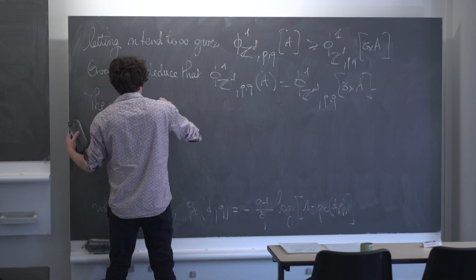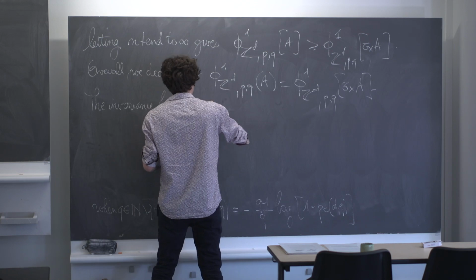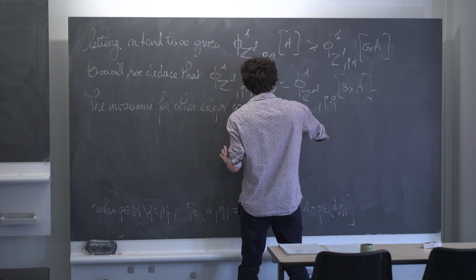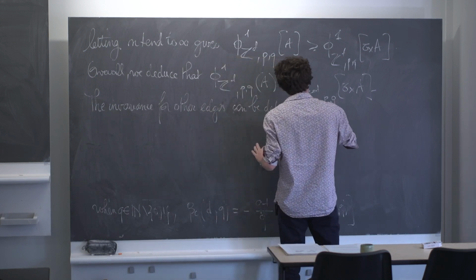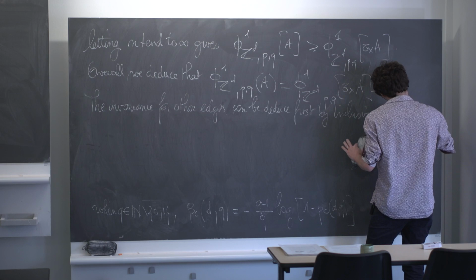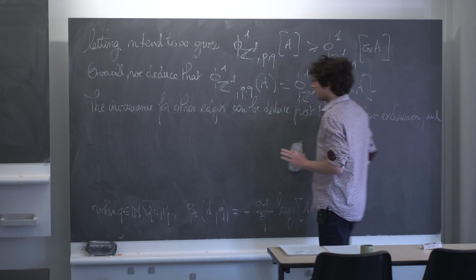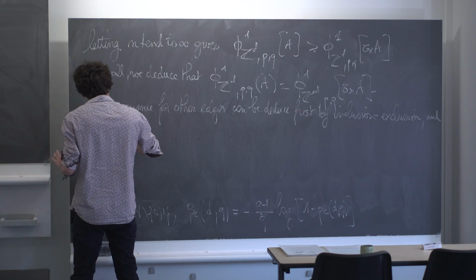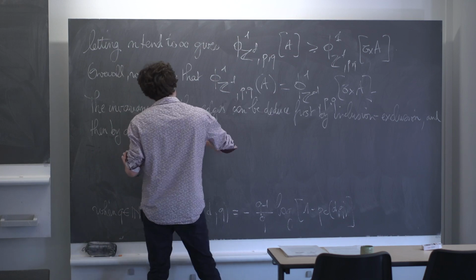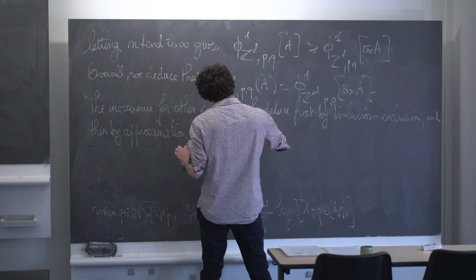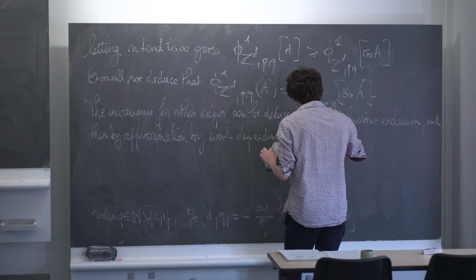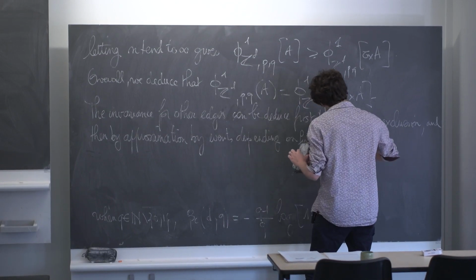So the invariance for other events can be deduced first by inclusion-exclusion, and then by approximation by events depending on finitely many edges.